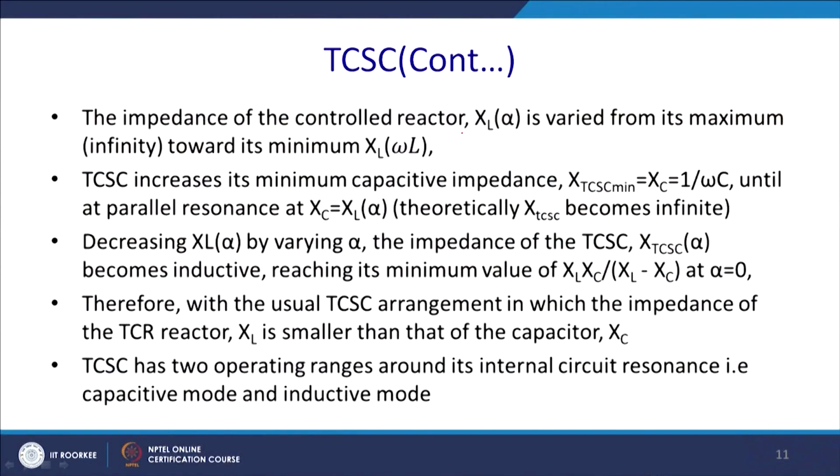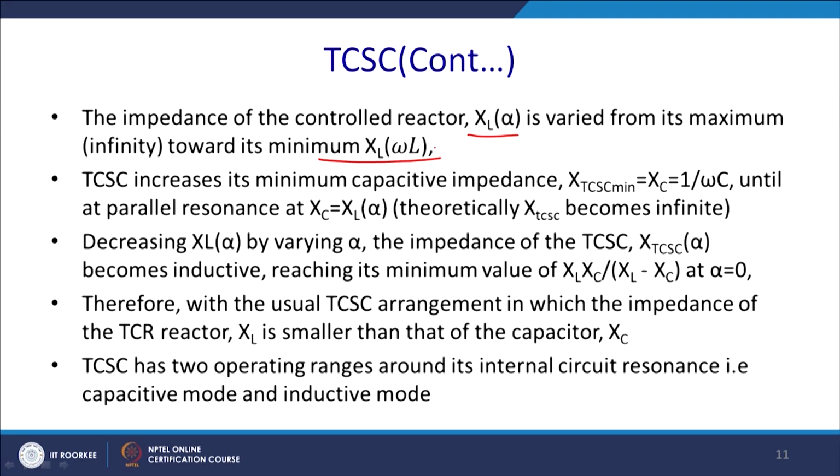So, what are actually the characteristics of the TCSC? We can say how to calculate alpha. The impedance of the controlled reactor XL(alpha) is varied from its maximum to infinity towards minimum XL.